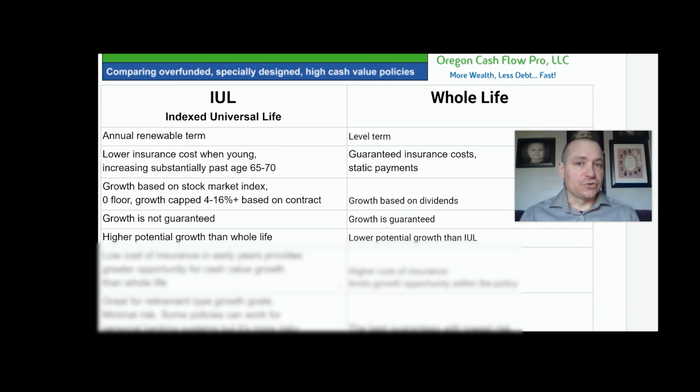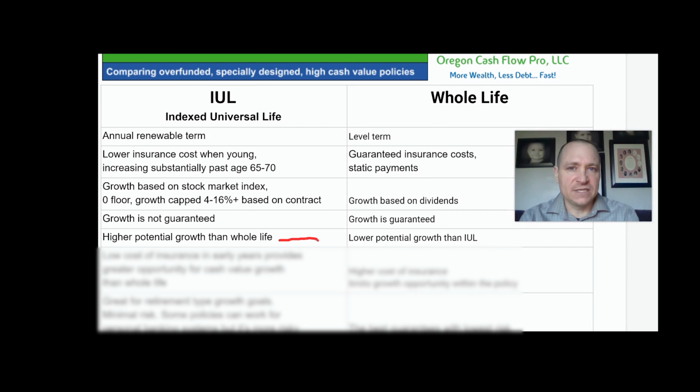Now, because of those reasons, you actually end up with higher potential growth than whole life with the index universal life insurance. This is where the popularity of these products comes in. We try not to view life insurance products as investment vehicles, so we don't treat them as such.